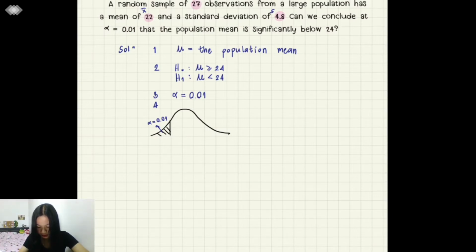Because we only have the sample standard deviation and not the population's, we will conduct a t-test.